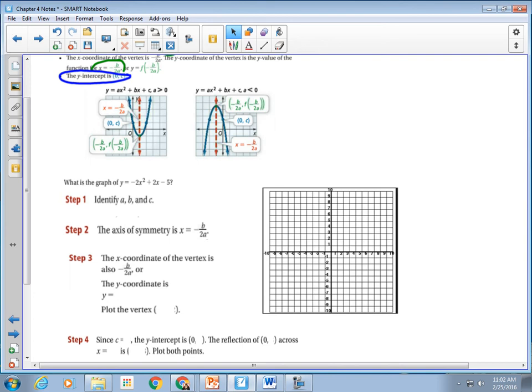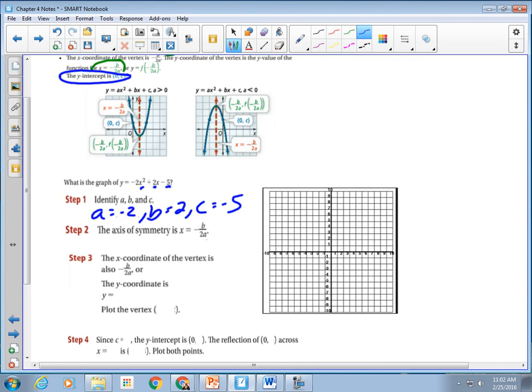It says, what is the graph of y equals negative 2x squared plus 2x minus 5? The first thing we have to do is identify a, b, and c. So a is negative 2, in front of the x squared. B is equal to 2, in front of the x. And c is equal to negative 5, the only one on its own. The axis of symmetry is x equals negative b over 2a.